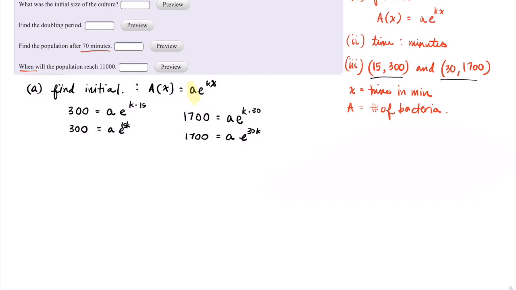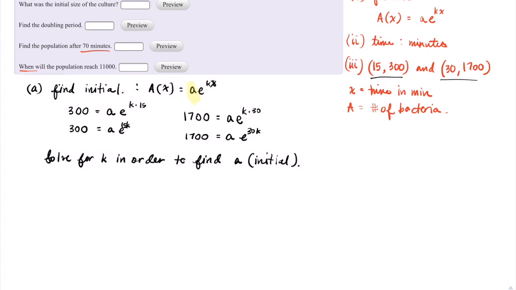We don't know what k is, so notice that we have to solve for k in order to find little a, the initial.